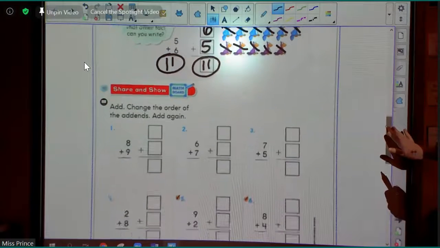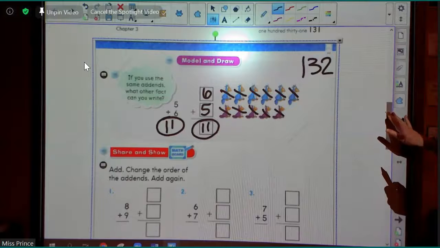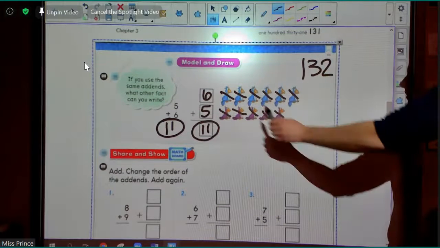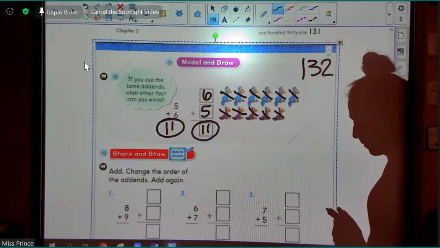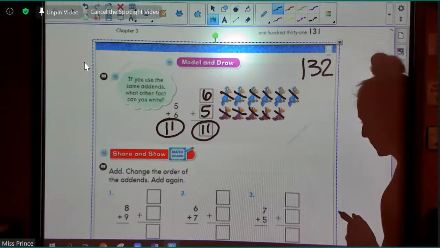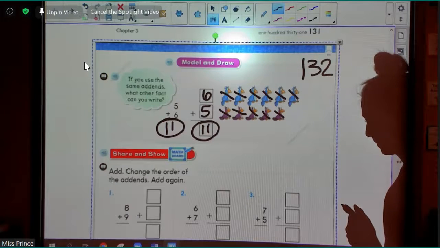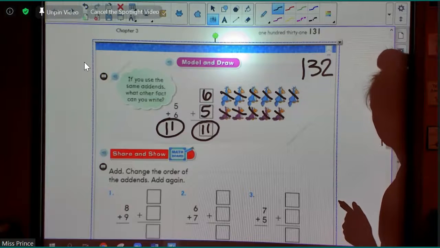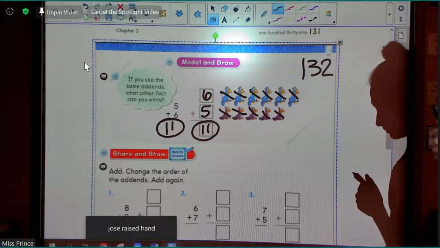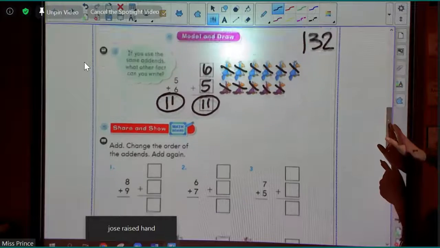Okay, we're going to go to the next problem. I'll give you about 10 seconds to make sure that you have all of this on your paper. You should be following along with me. Three, two, one. All right.